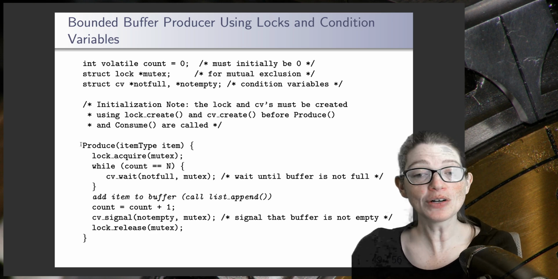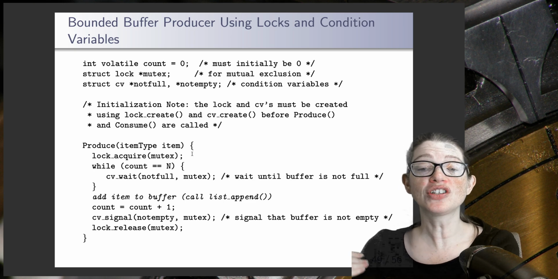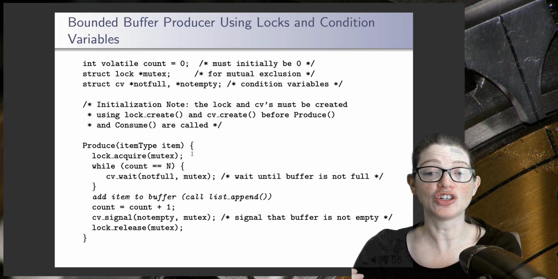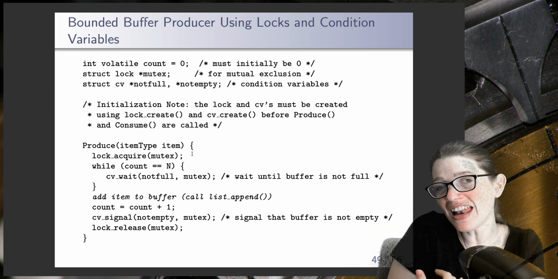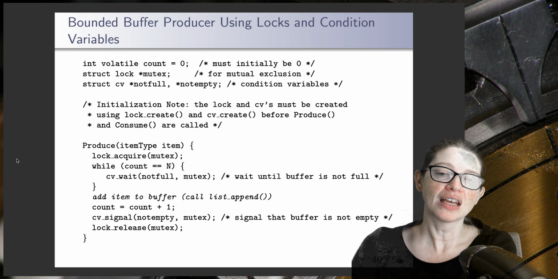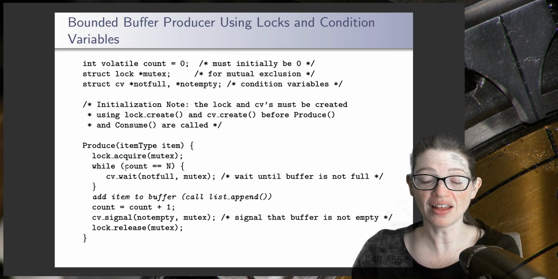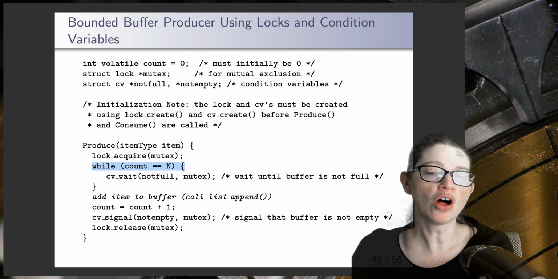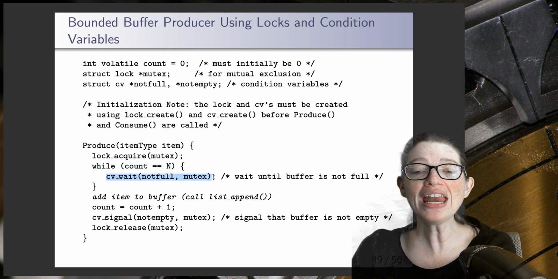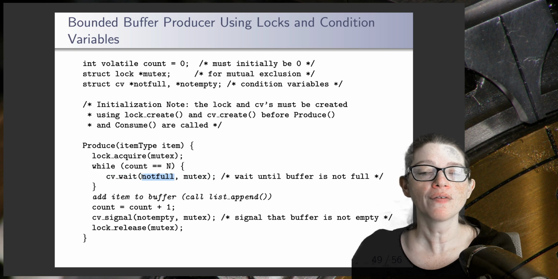All right, so in produce, we need, as the producer, to check the condition. We need to check if the number of items in the buffer is equal to n, because if it is n, then we gotta wait. So I acquire the lock so I can check the count while the count is equal to n. While the buffer is full, I call CV wait, and I am waiting for the buffer to be not full.